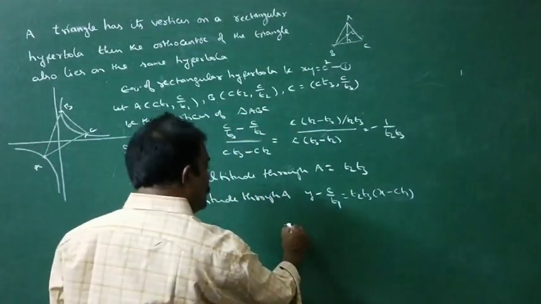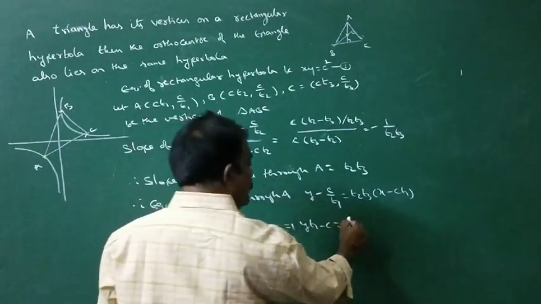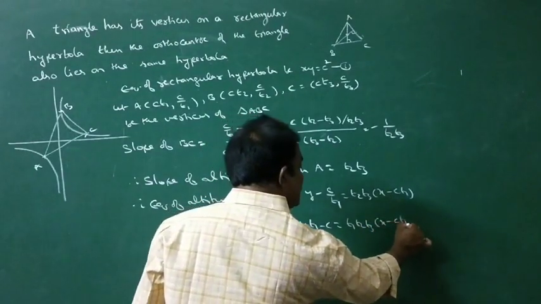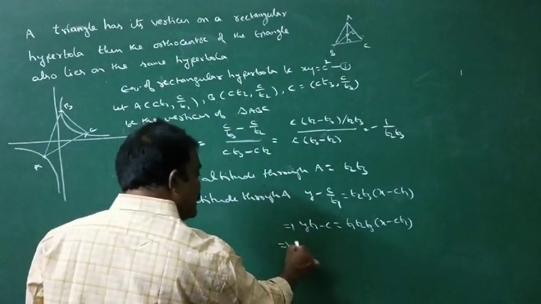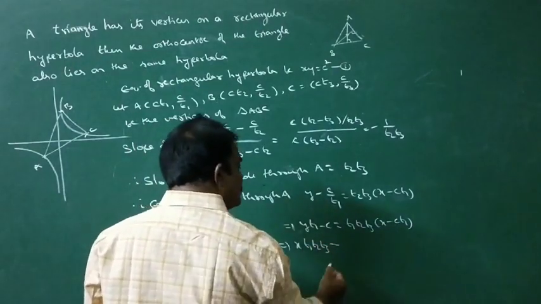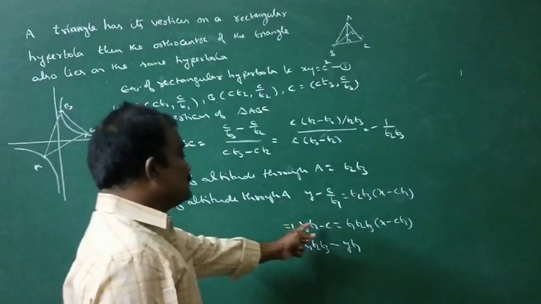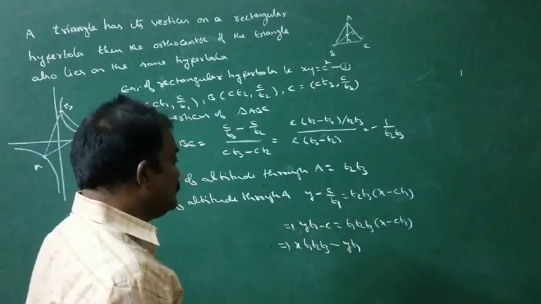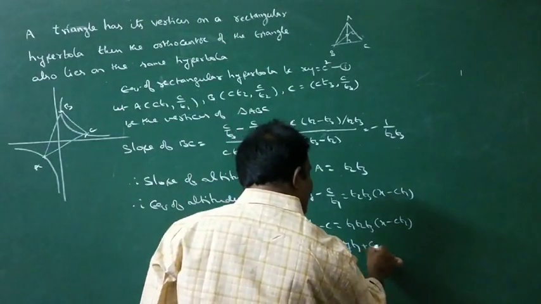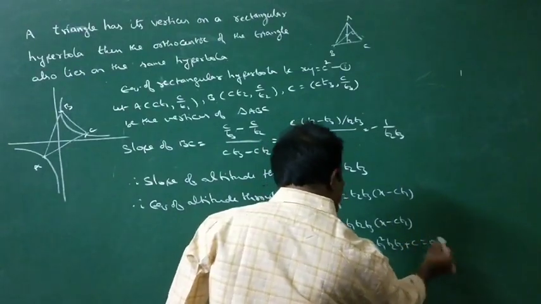So y minus c/t1 equal to t2 t3 into (x minus ct1). So from this one, x t1 t2 t3 minus y t1, by putting this one to that side, plus c t1 square t2 t3 plus c equal to 0.